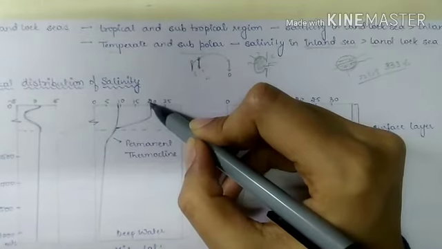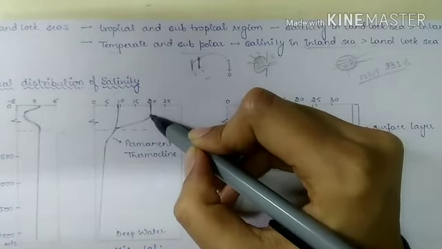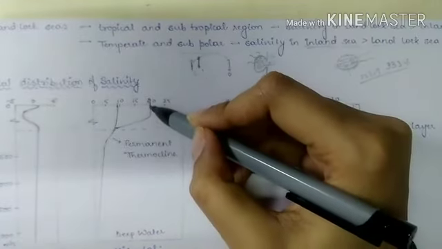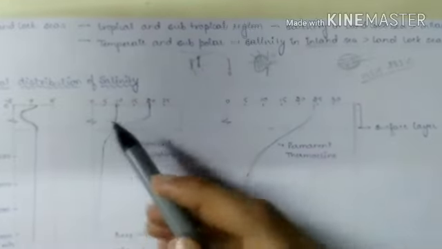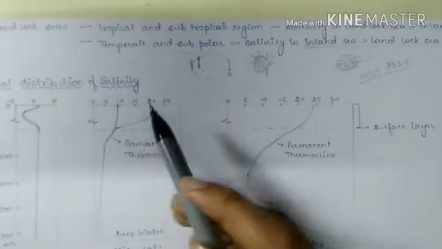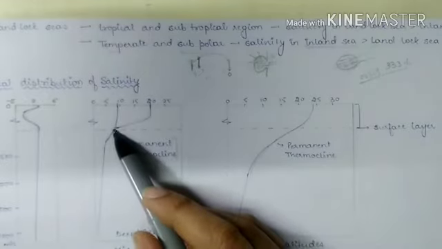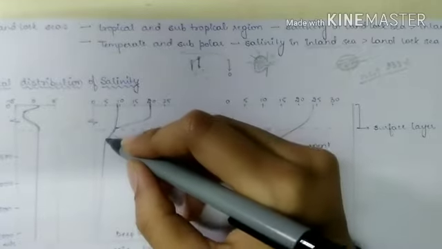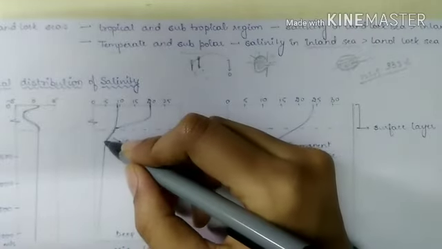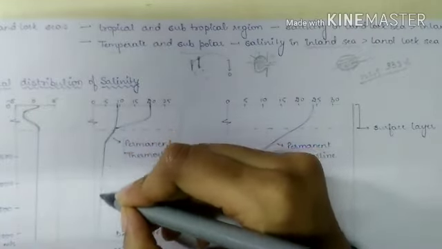Okay, so during summer the salinity will be very high because the rate of evaporation will be high, and this region is known as the region of permanent thermocline. Here the salinity will decrease comparatively steeply, then it will decrease smoothly.